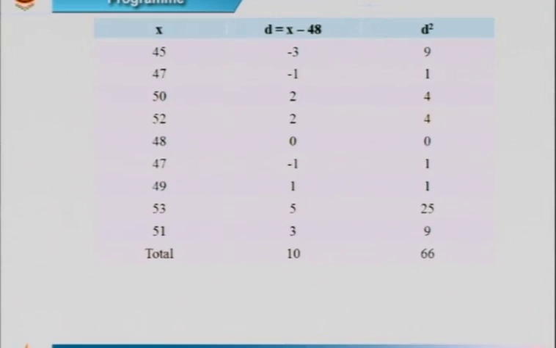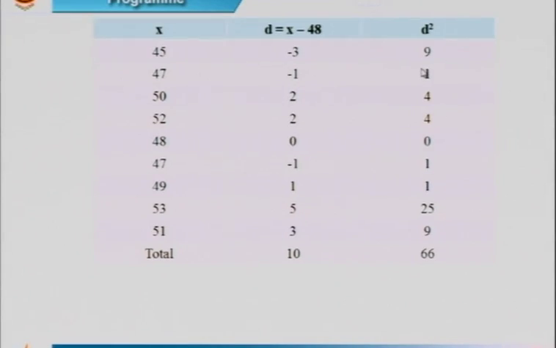Normally we take the central value, between the lowest value 45 and the highest value 53. Then the deviations describe some negative values and some positive values, which makes the total numerical value a smaller quantity.